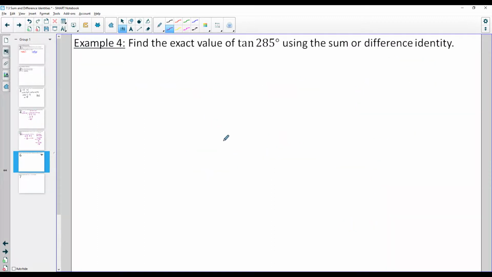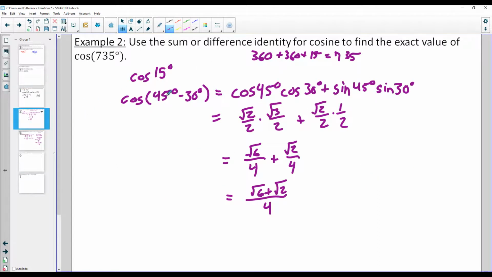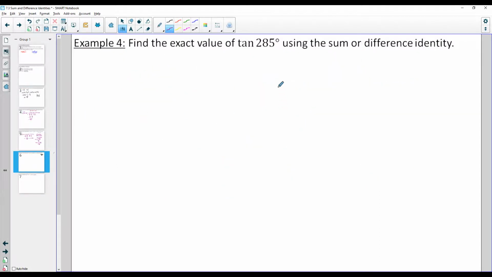Find the exact value of tangent of 285 degrees. Well, again, now we want to do other things, just like the other one. We want to find angles that we can work with.